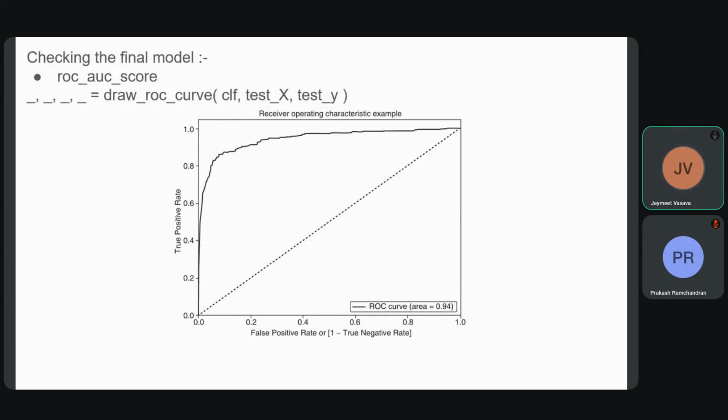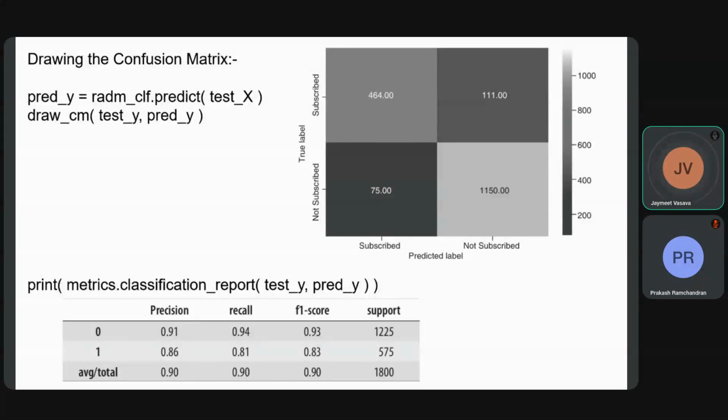Now, drawing the ROC AUC score curve, or the ROC curve, we get the AUC score of 0.94. Drawing the confusion matrix on our random CLF model, you can see that the false positive and the false negative values have been decreased now.